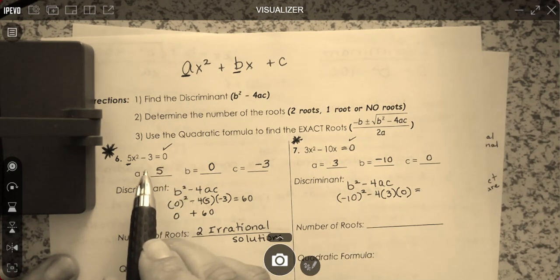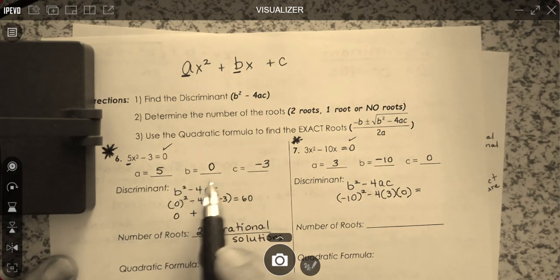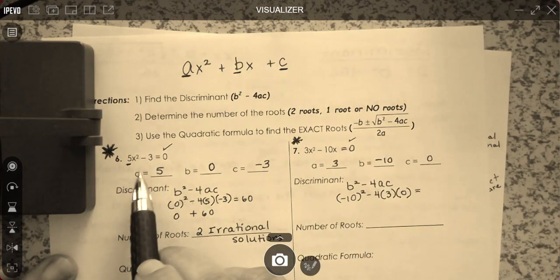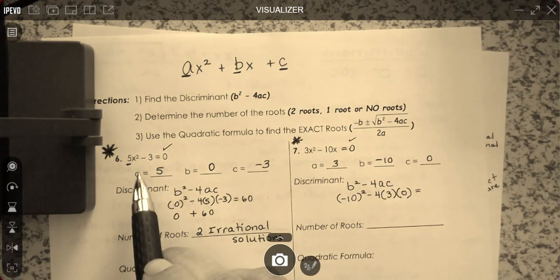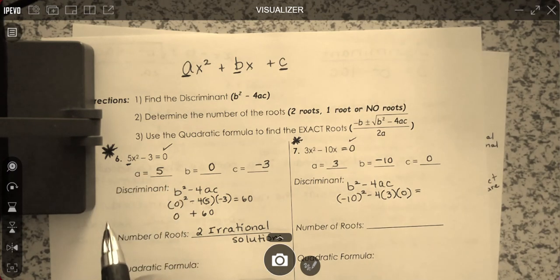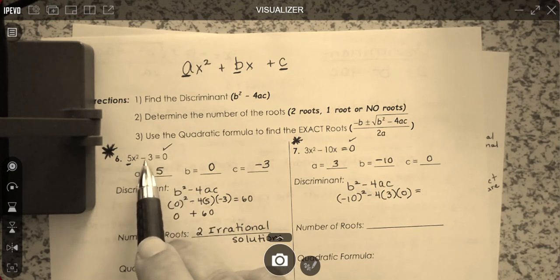Is there a number in front of a single x? That's why it's 0. And then the constant has no x. Okay, so which is a number that has no x? Which is the number that has no x? Negative 3.